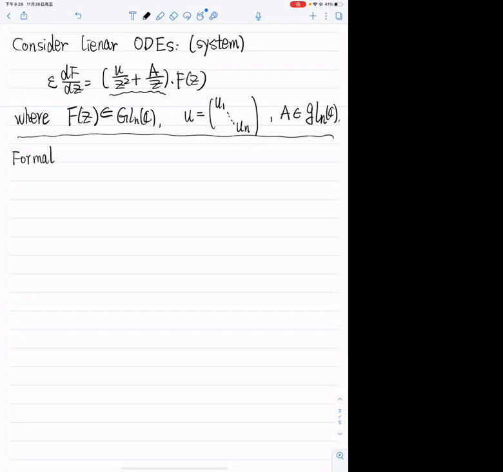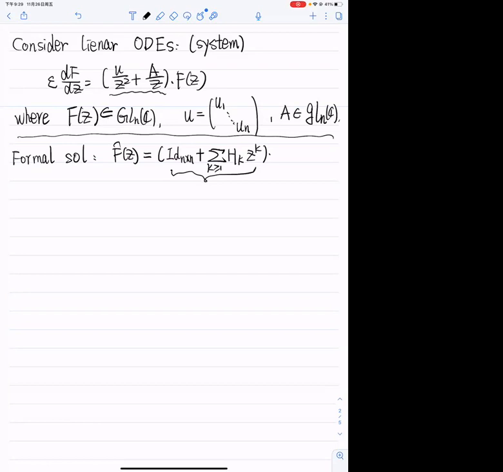We can solve this system using the formal power series method. The first thing to note is that we write a formal solution for this ODE which takes this form. Here this is simply a power series of matrix valued functions.